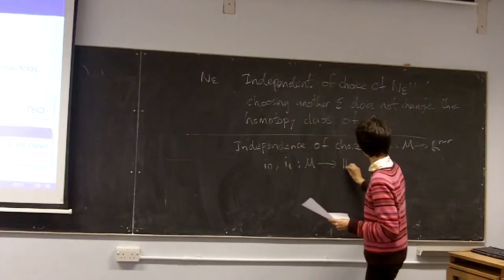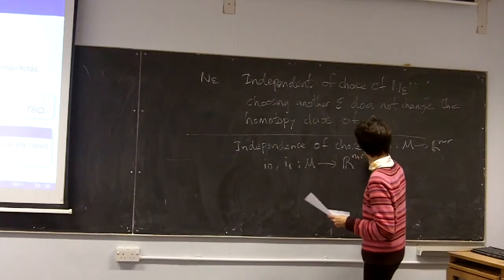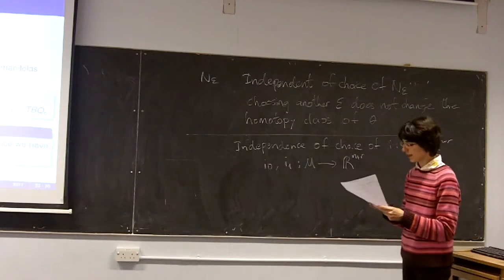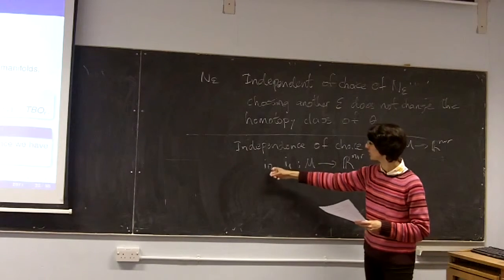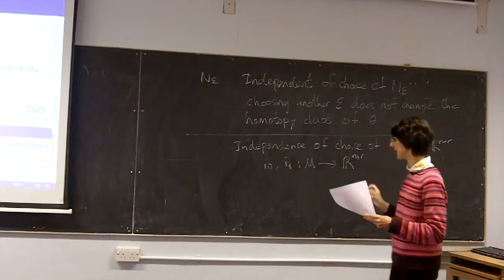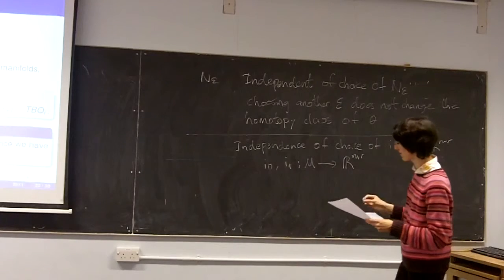We can compare two embeddings, for example, embeddings of M into R^(n+1), and see if it works. Well, we need to find a homotopy between these two. If we can do that, then we are safe.